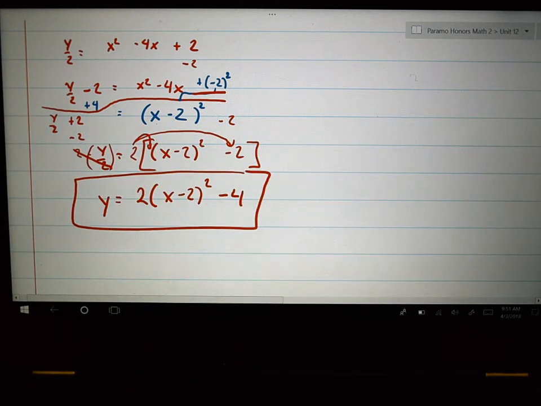This is vertex form. Completing the square is a way to switch things from standard form into vertex form. It's a huge technique. We'll stop your notes right there.